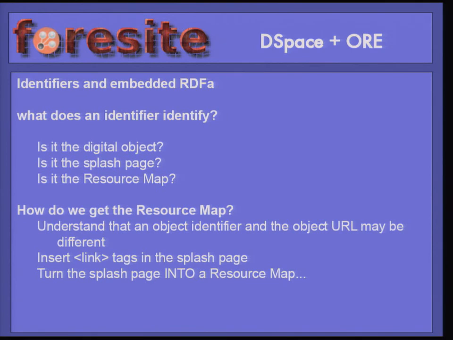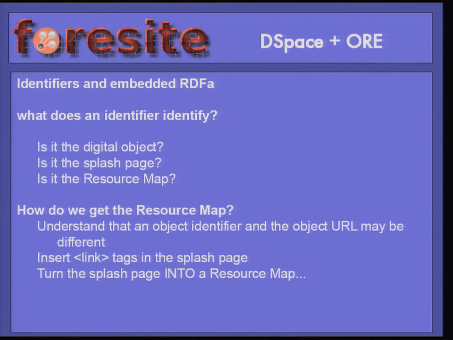Because I'm going to talk about identifiers briefly, against perhaps my better judgment. No? Okay. So there's a sneaky issue which creeps in when you start to talk about resource maps and identifying objects in archives. And the question is, what is the identifier actually identifying? Your URL for your repository may include a fragment which is the identifier of the object you're talking about, but it will be in a URL.